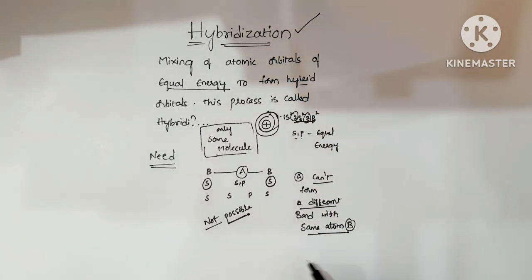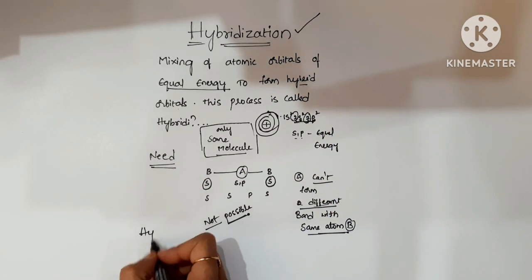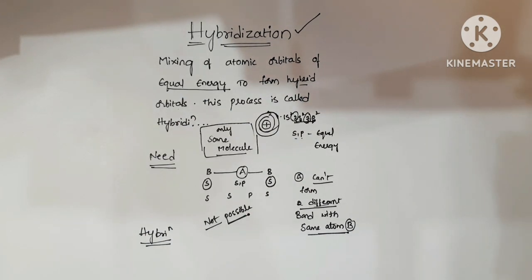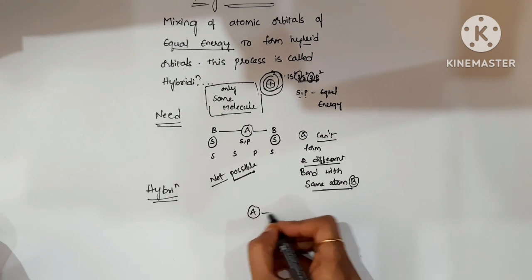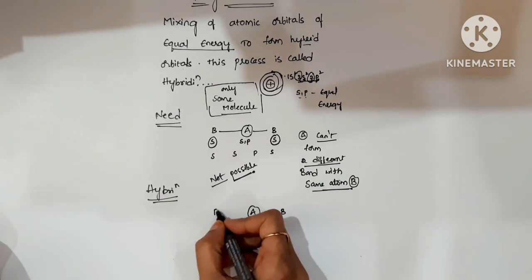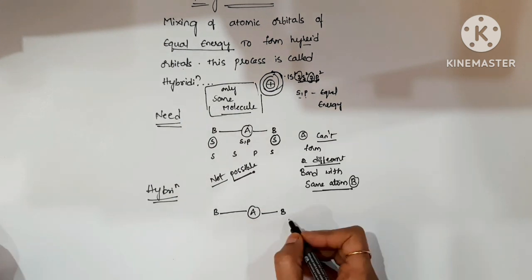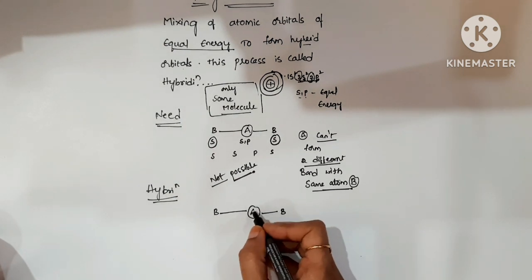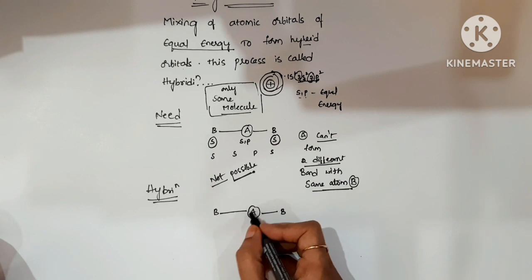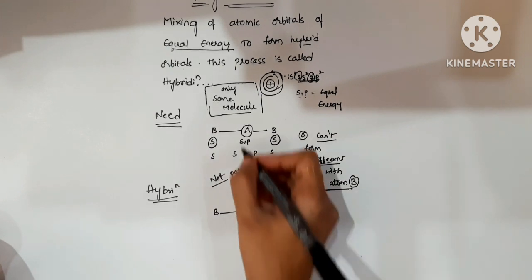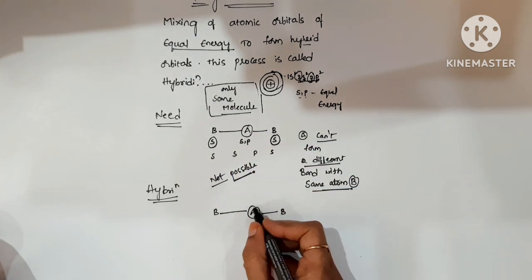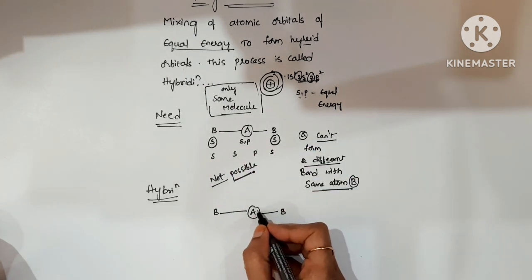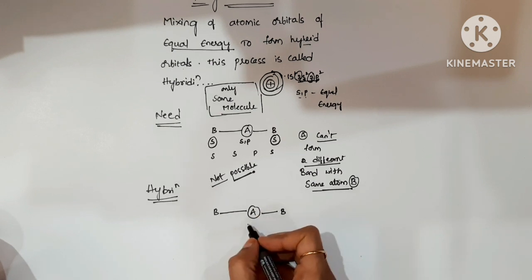In hybridization, what happens? A is the central atom, and B atom is bonded with A, right? In bond formation, firstly the orbitals present in the valency shell of the central atom, the s and p orbitals, are hybridized first.